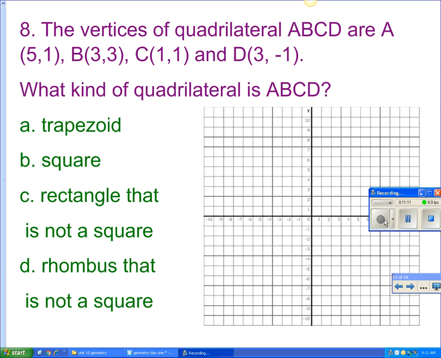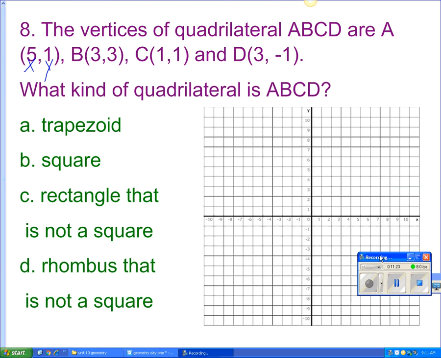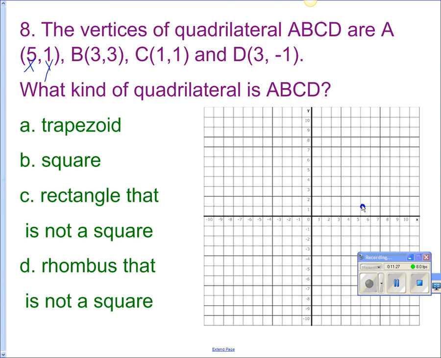All right, so we're going to graph the first one, (5, 1). Remember that this is X and Y. It's very helpful to label points. So I would go to 5 on the X, 1, 2, 3, 4, 5, and up 1 on the Y. So I would label my points. Then you've got (3, 3), so I would go over 3 and up 3.